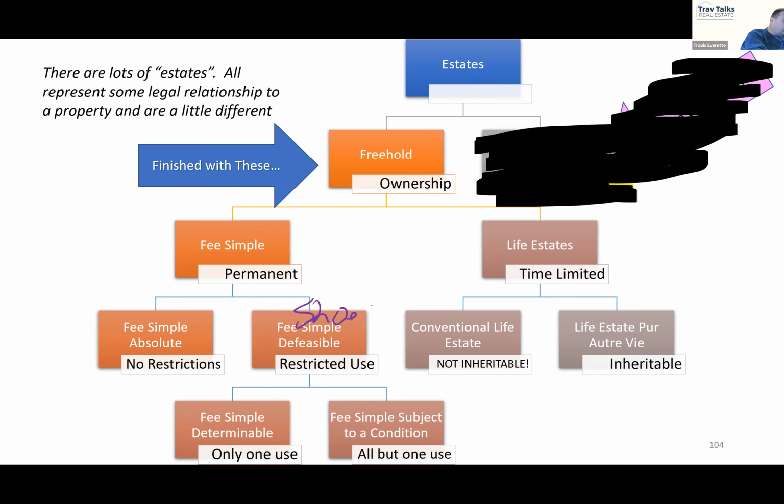These are shoes, left and right. Fee simple defeasible are shoes. Fee simple determinable is the left shoe. Fee simple subject to a condition is the right shoe. In other words, fee simple subject to a condition and fee simple determinable are both fee simple defeasible. It's just two different types of fee simple. Does that help?